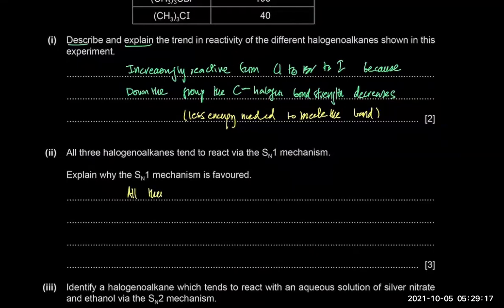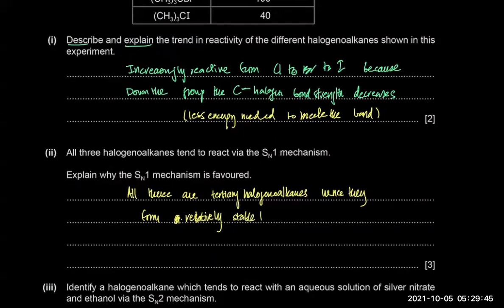So we say that all 3 are tertiary halogenoalkanes. Hence, they form a relatively stable, it's not actually stable, a more stable tertiary carbocation intermediate.